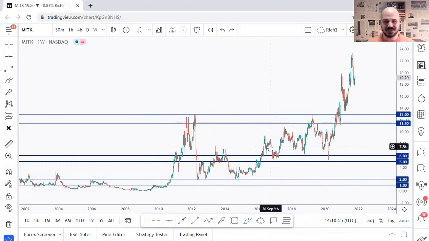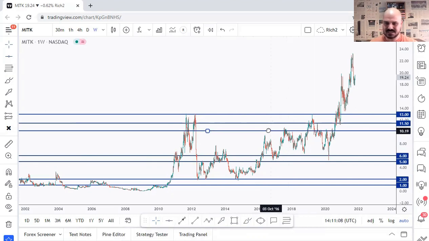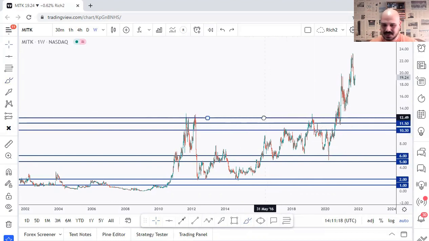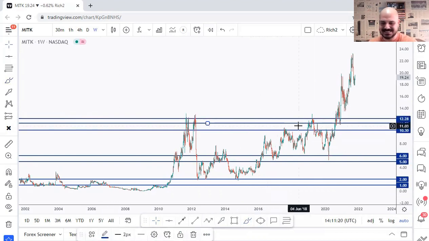Since we are done with our support and resistance, let's check out our round numbers. Of course, we have the 10, which is also around this area, right? Which is around here. And as you can see, the price is also respecting this area. If you would like, you can make this entire zone a very, very big zone. So you can make this one a little bit lower, and then you can delete this one.